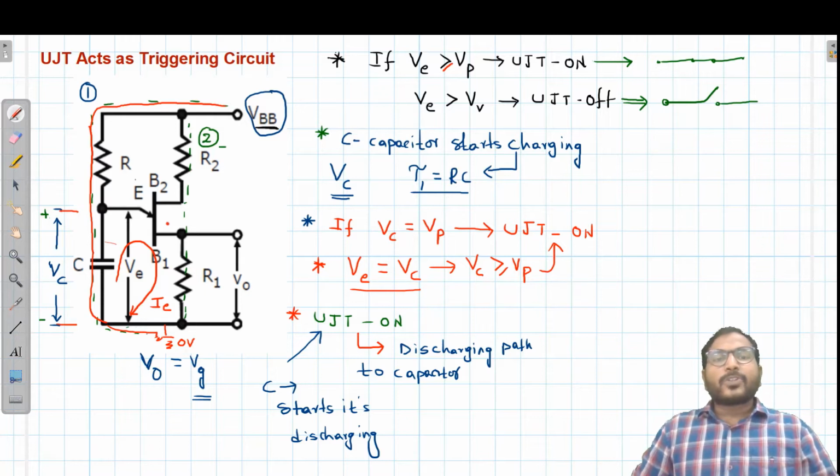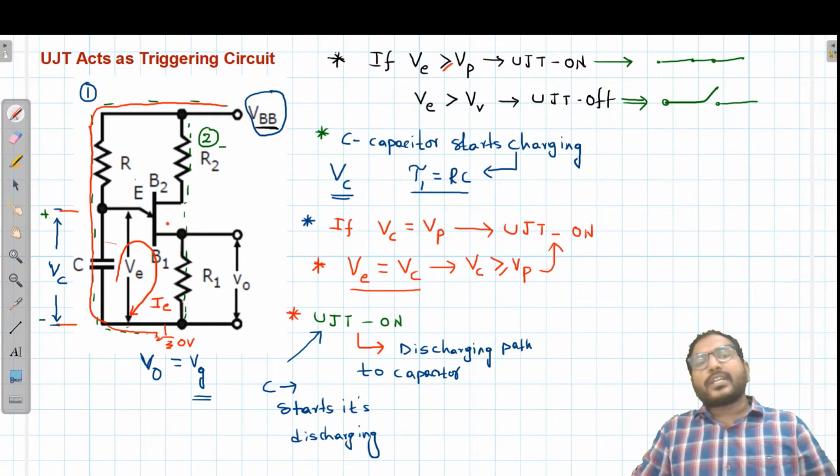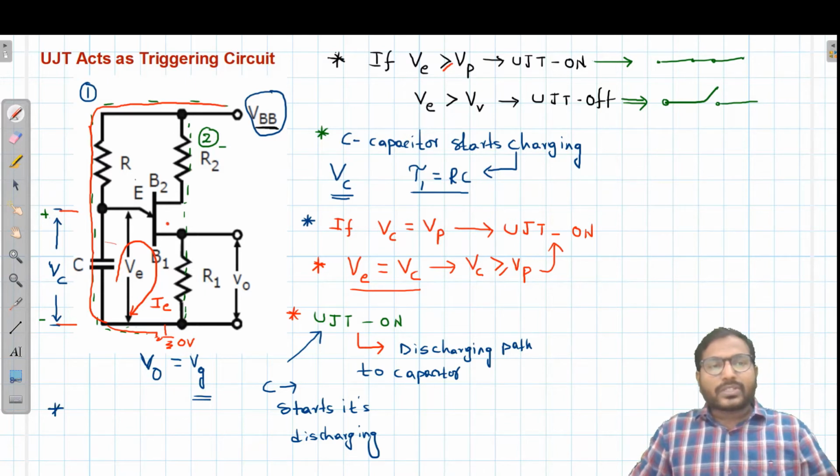So the capacitor chooses that path to discharge its voltage across the resistor R1.